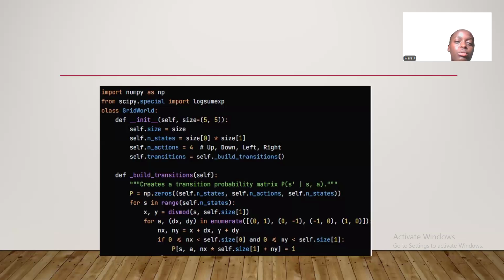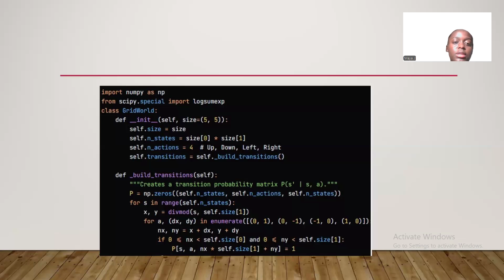First, you create an environment in the form of a class, and this one is a grid world, a square with more squares in it, and this one is going to be 5 by 5.